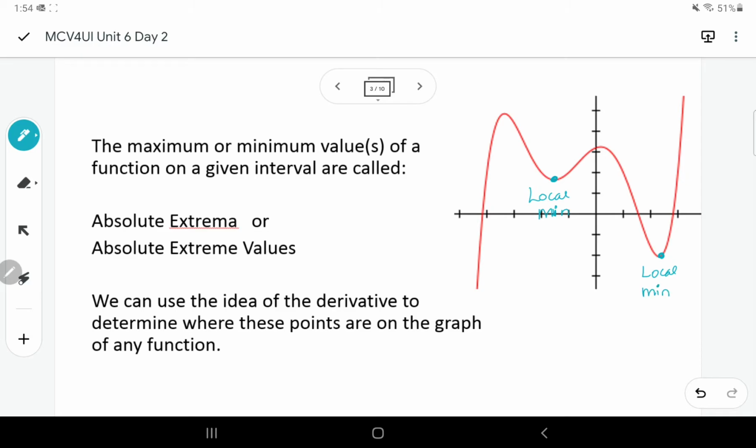So neither of these 2 points that I've labeled as a local minimum is the lowest value on the function. The lowest value on the function would happen as it continues off in big negative numbers. You can have a local maximum at a turning point, and that may or may not be the absolute maximum of the interval. It depends what interval you're looking at.